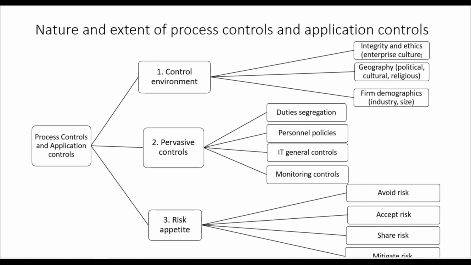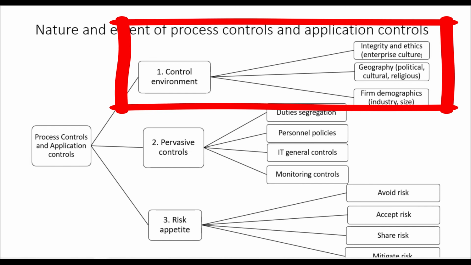The control environment is about the level of integrity and ethics displayed in the enterprise culture, to what extent those enterprise rules and data rules are followed, bent, or not followed, the geographical location, the political, cultural, and religious aspects in the geography, firm demographics, the industry membership and the firm size can influence the control environment.